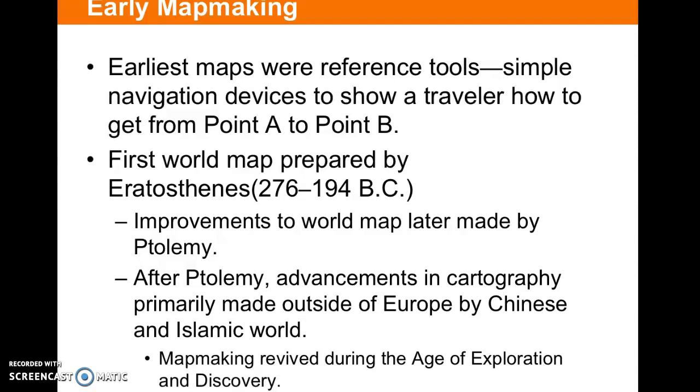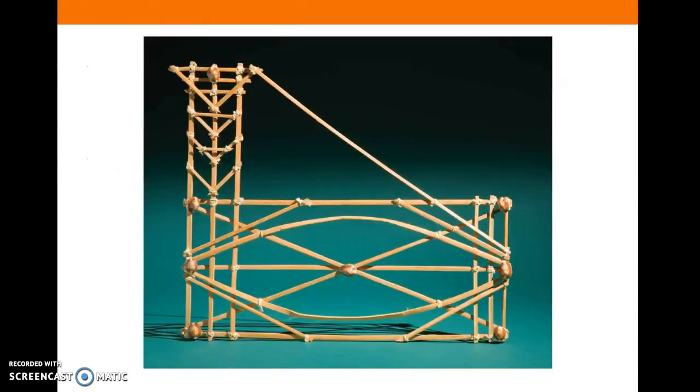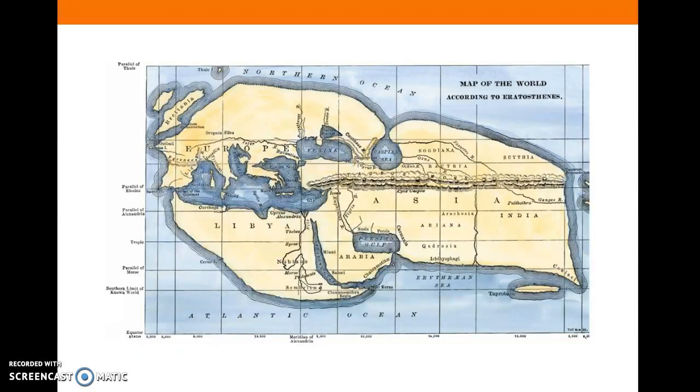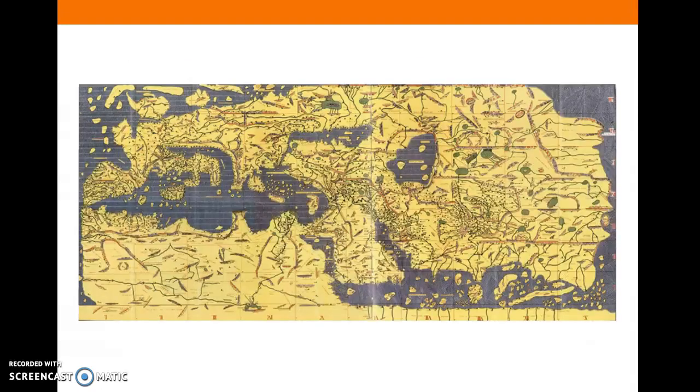Ptolemy later made some improvements to the world map, and then outside of Europe, most advancements in cartography were made by Chinese and the Islamic world, and in Europe, map making kind of took off again during the age of exploration and discovery. So this is a Polynesian stick chart that showed people how to get around. This is Eratosthenes' map, which isn't bad for what they knew of the world at the time.